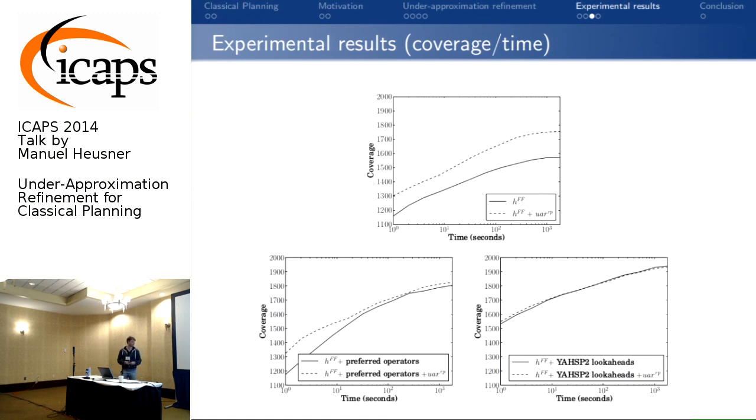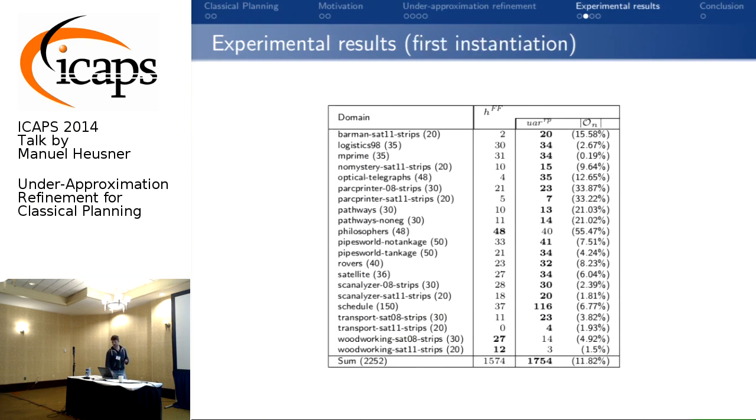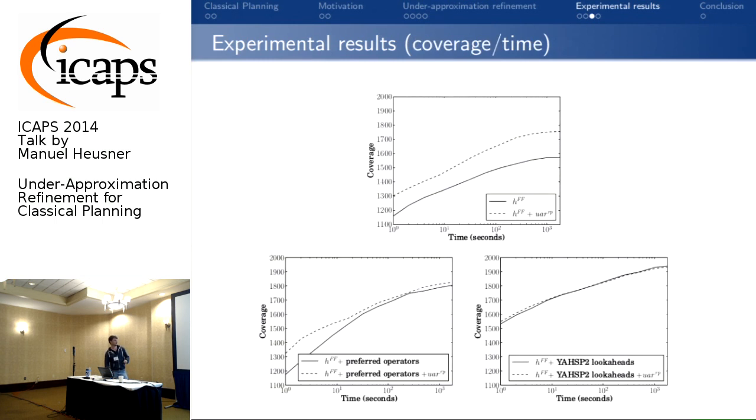Also when we search with preferred operators, and even with JASP 2, but only in the beginning. Later we see the plain JASP 2 search is better, but this is mainly due to the woodworking domain, which performs similar with under-approximation.